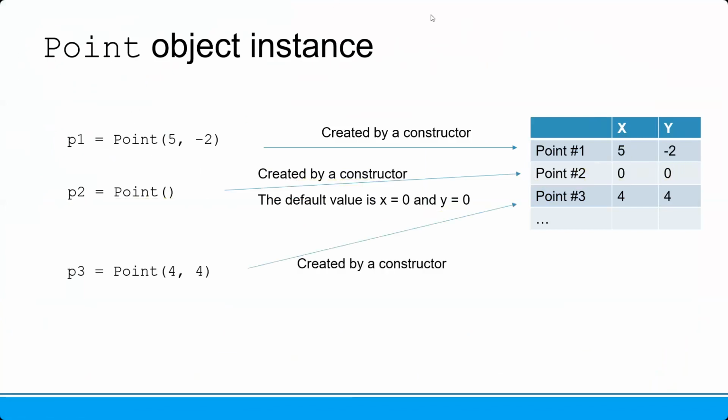And then we have point 4, 4, to indicate that X is 4 and Y is 4. It's also created by a constructor. So we have 3 object instances: P1, P2, and P3.